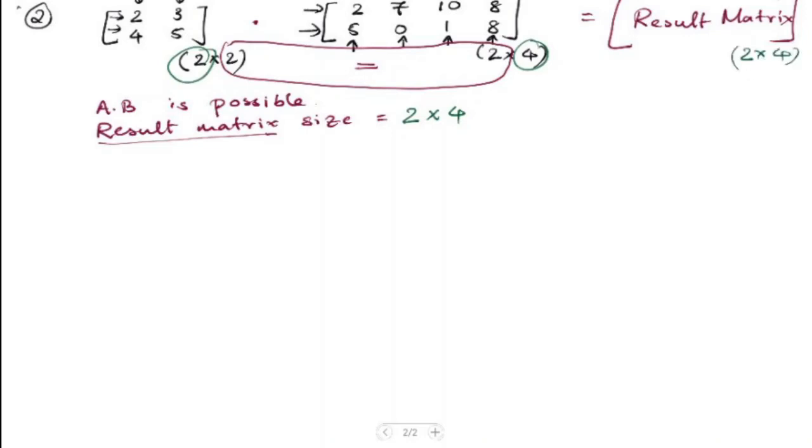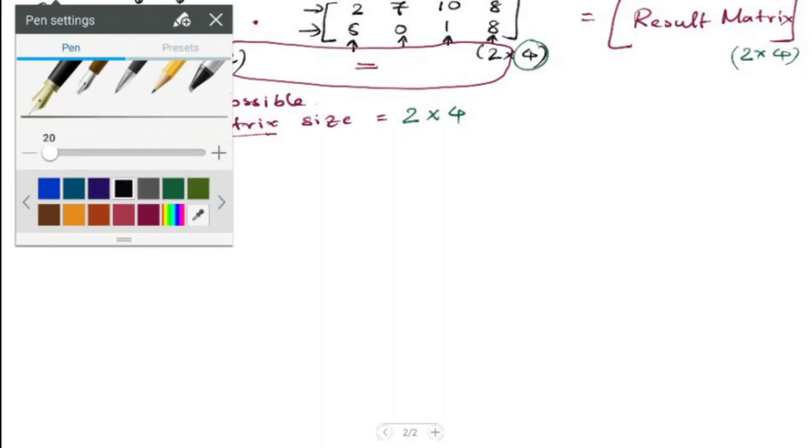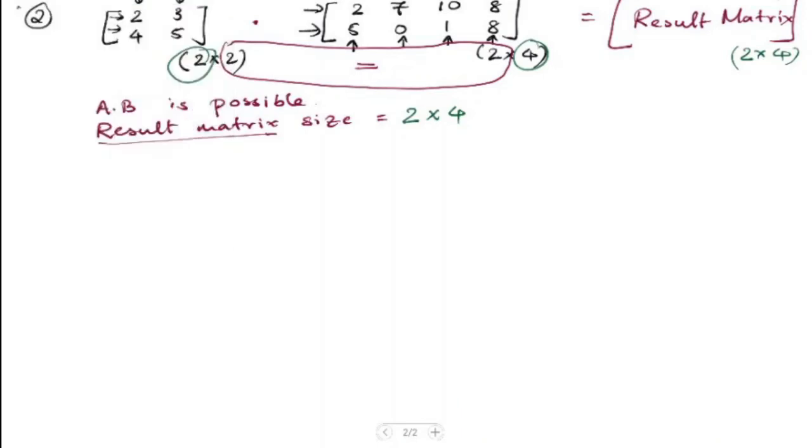Okay, I hope it's getting clear. And now let's do one more example, a third example. So let's say we have matrix A, which is 2, 3, 5, 8, and matrix B, which is 1, 0, 0, no, 1, 0.